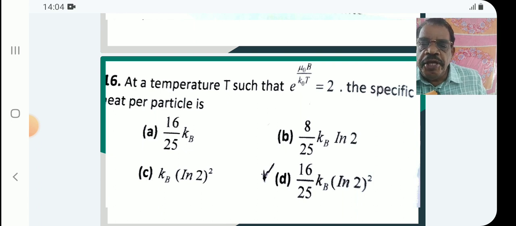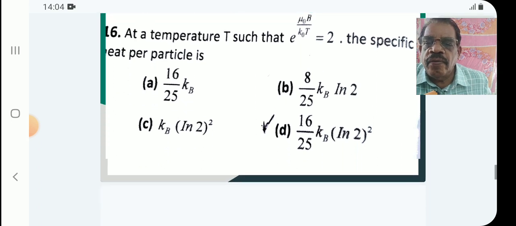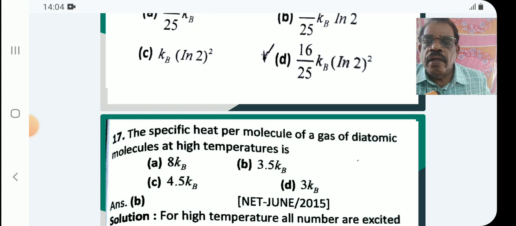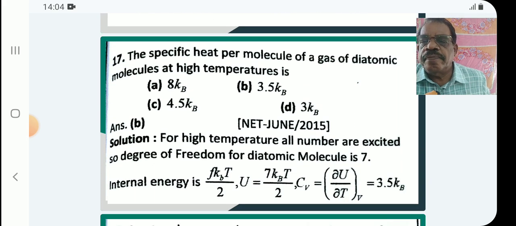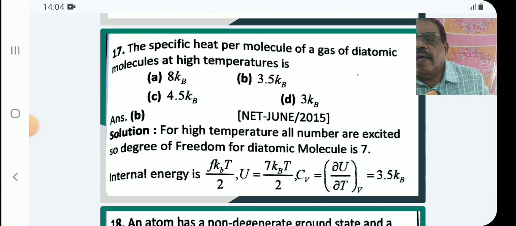The answer is D. The calculation here also is lengthy. We have avoided writing the lengthy calculation here.